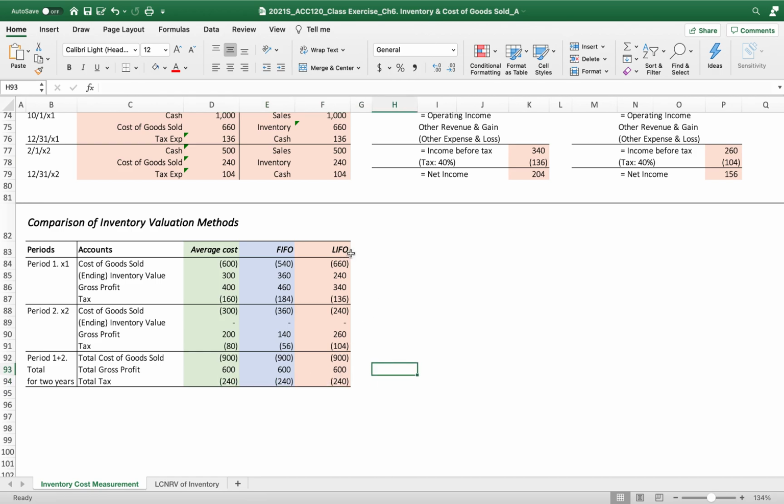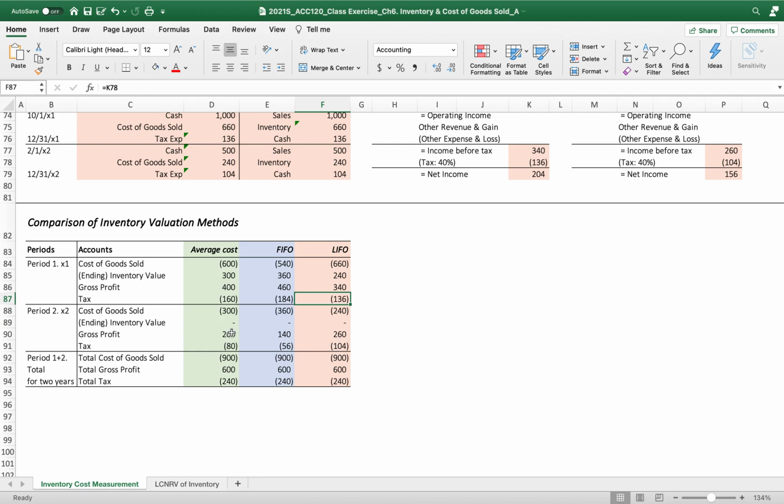But why do we choose LIFO? Why do we choose FIFO? If we choose LIFO, we pay lower tax in the first year. Nobody wants to pay a lot of tax first. They want to defer tax as late as possible. So that is one of the benefits. Also, LIFO has the LIFO reserve.